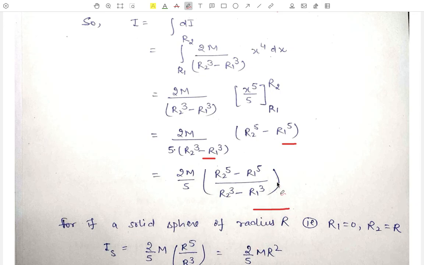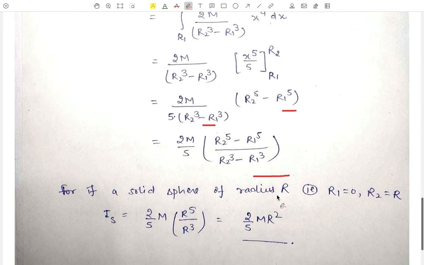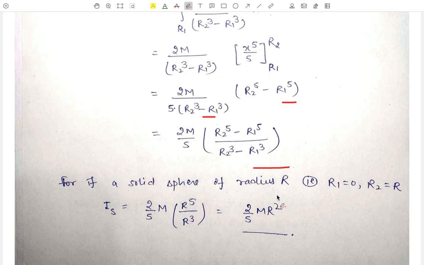Now, a special case is a solid sphere of radius R, that is, when the inner radius is 0, meaning there is no hole, and the outer radius is equal to R. Using this formula, the moment of inertia of a solid sphere is 2m upon 5 as it is, with r2 equal to R and r1 equal to 0.